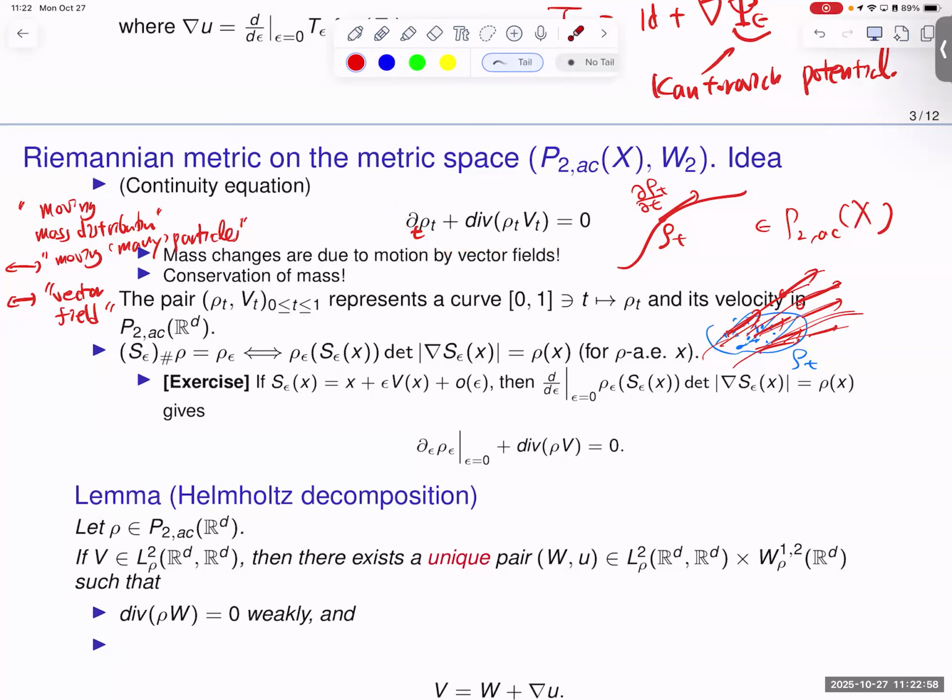Another important aspect of the continuity equation is that mass is conserved. We are just moving particles. We are not destroying or creating any particles. So mass is conserved; the particles are just moving. That's the aspect of the continuity equation.